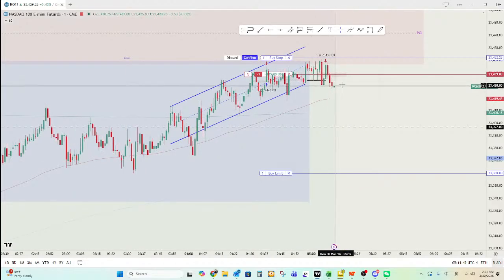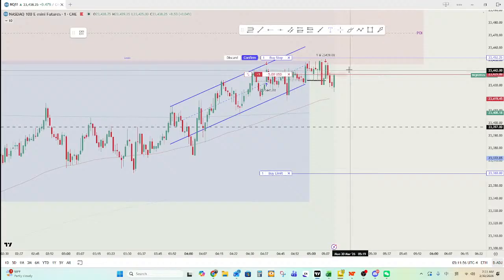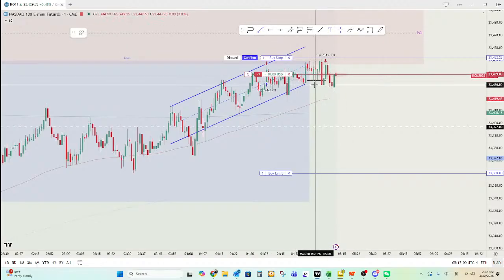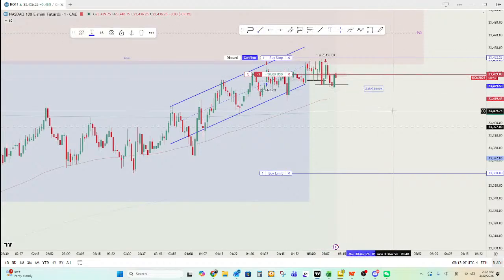I wish, because below this low, this will make the MSS, but if it's going up, if it's going below this low, and then it will close, MSS.